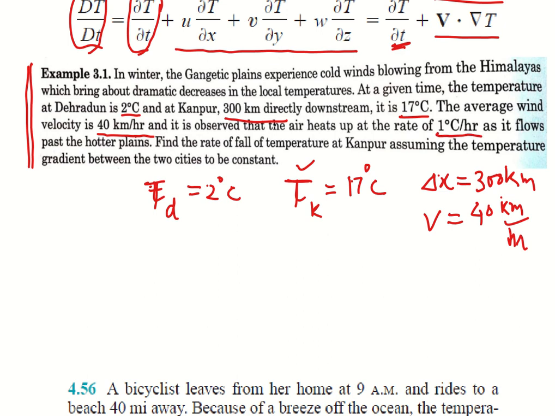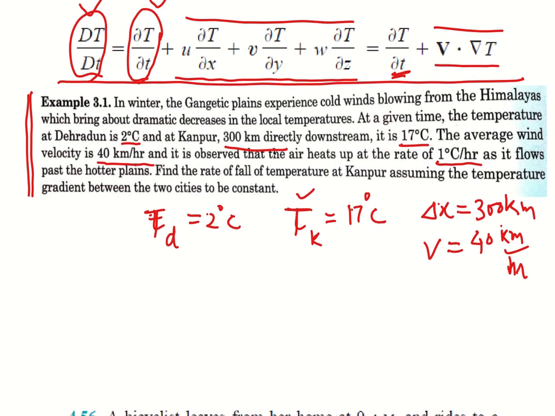Now this is the question. What is given here? It is heating up at the rate of 1 degree centigrade per hour as it flows past the hotter plains. So this is the equation applicable. This equation is applicable here because we want to calculate the temperature.